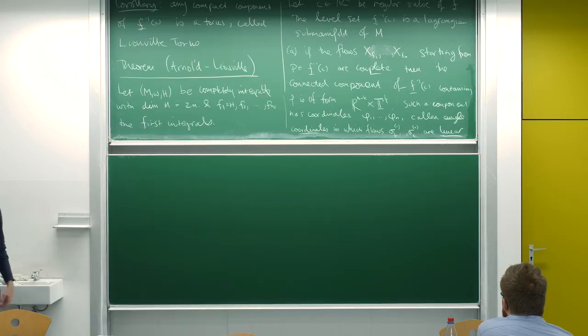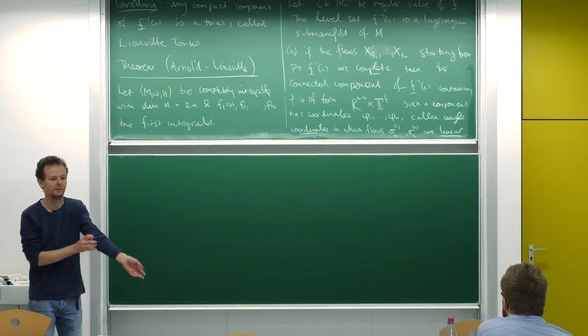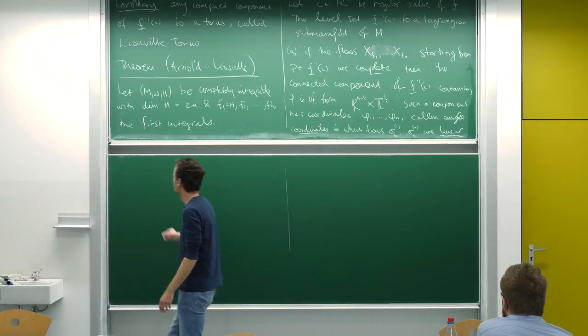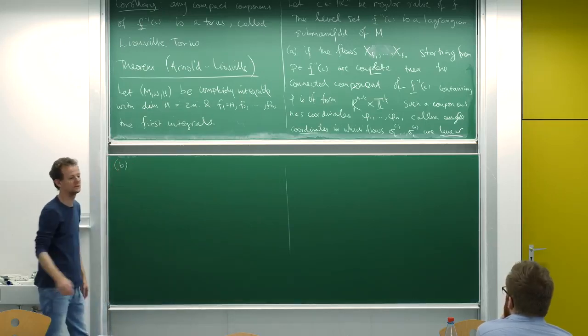But there's more to this theorem. This is like the easy half, A. We've already basically proved it, although I omitted the proof. But here's the hard part, which we definitely won't prove in this course.